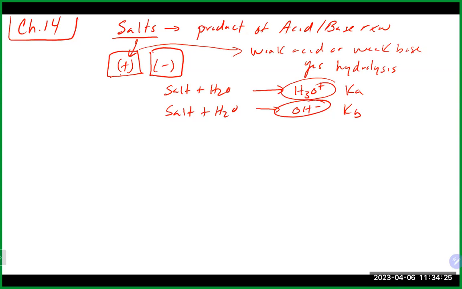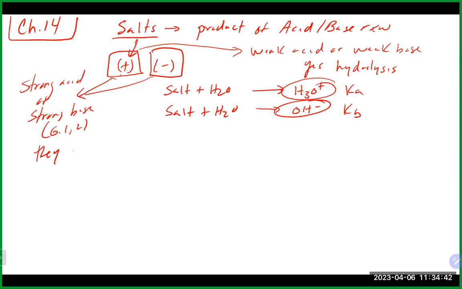Remember that if these guys originate from either a strong acid or a strong base, which is basically group 1 and 2 on the periodic table, they will not go through hydrolysis. And essentially, they will be neutral in that case.